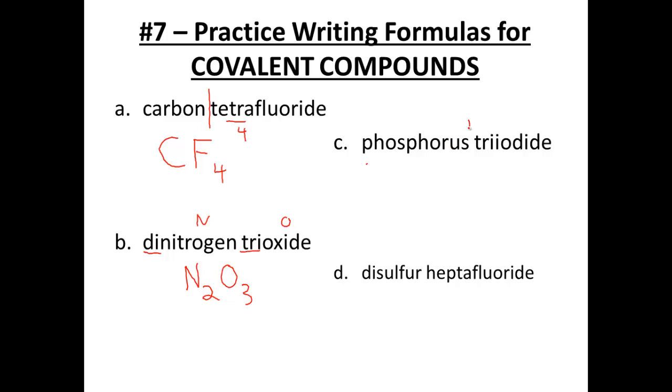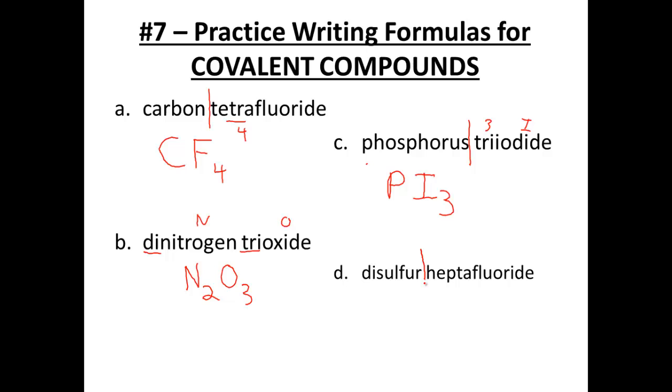Phosphorus triiodide, we have a nonmetal and a nonmetal. Phosphorus given first, only have 1 phosphorus with no prefix. Tri is 3, iodine is I. Phosphorus triiodide, PI3.